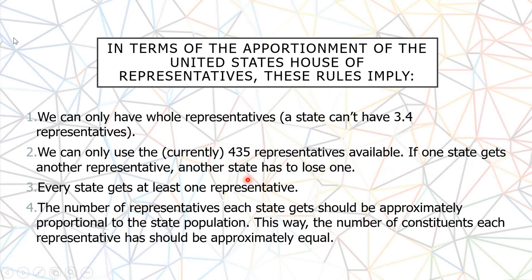If one state gets another representative, another state has to lose one. So the total number of representatives is fixed. Every state gets at least one representative. When you say at least one, it is possible that other states may have more than one, but you cannot have zero representatives. The number of representatives each state gets should be approximately proportional to the state population. This way, the number of constituents each representative has should be approximately equal.